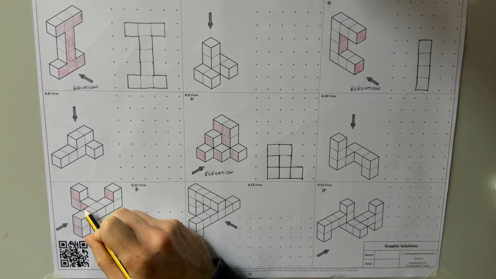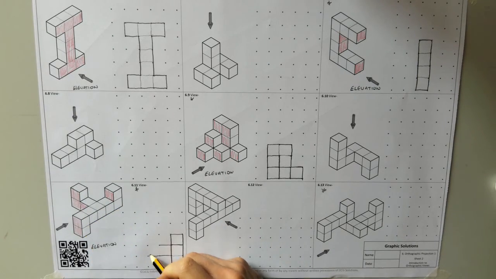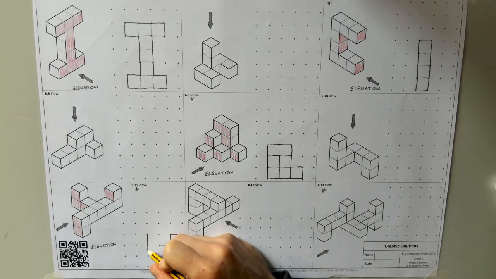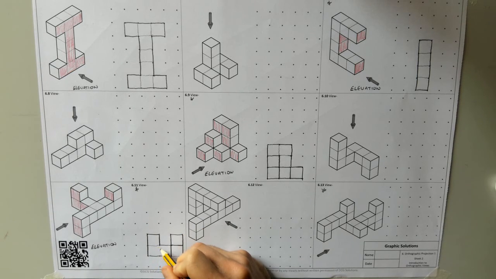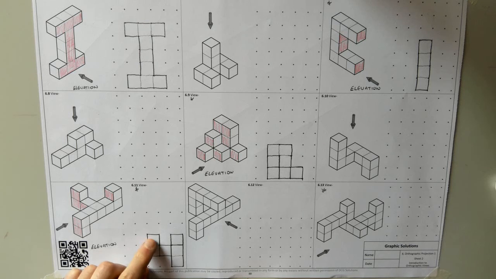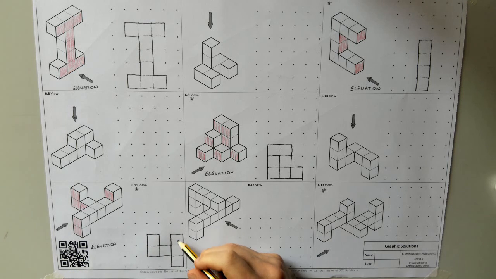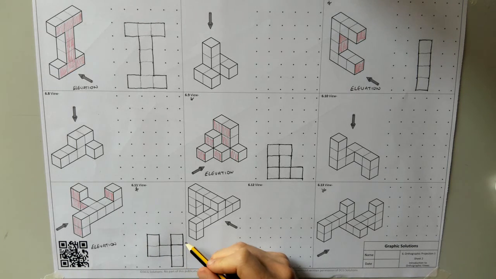This goes across 2. It's going to be 1 block there, 1 block there, and it goes up 2 as well. And that's going to be light between there and there. So you have your L shape there, and then you have your 1 heavy block above and 2 below. And that completes that view there.